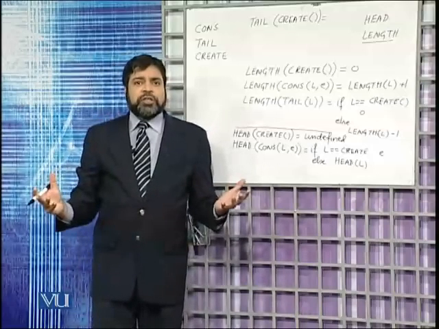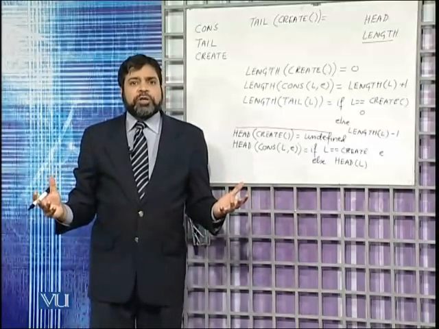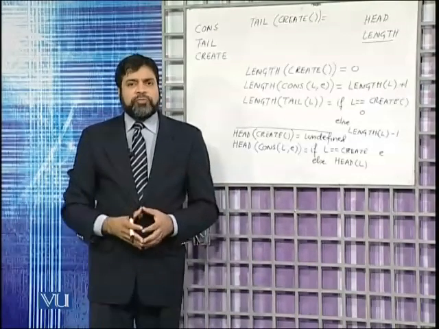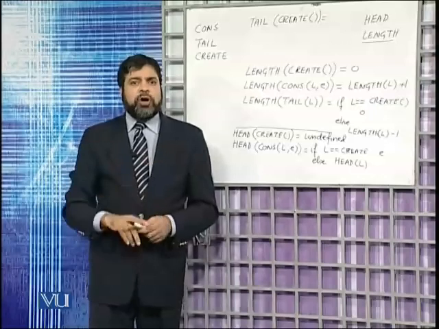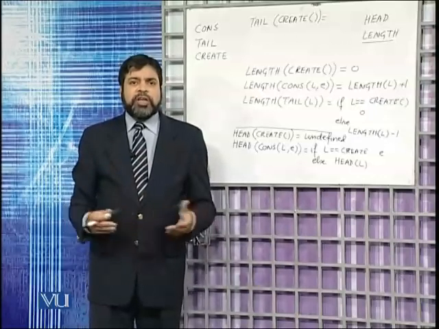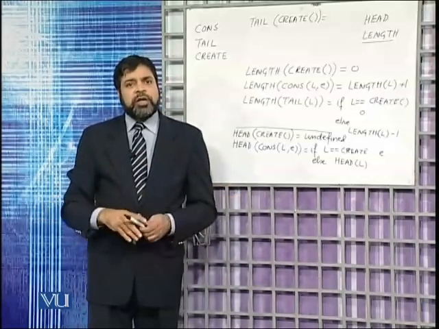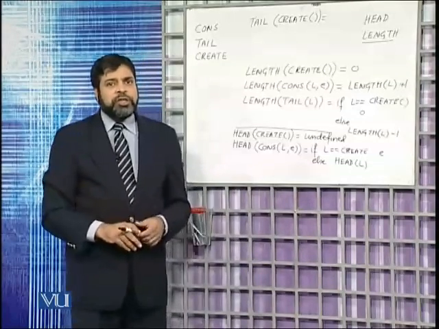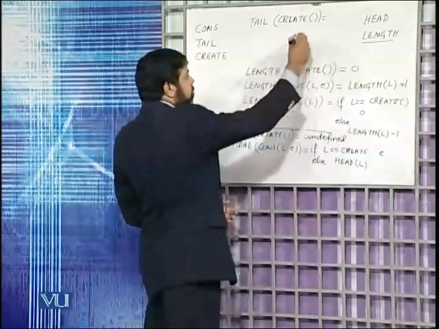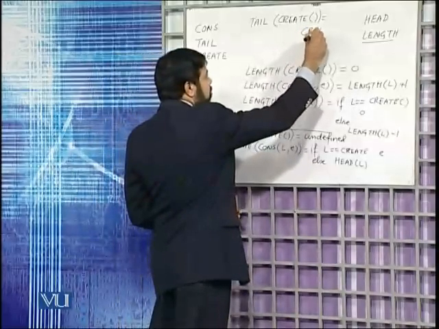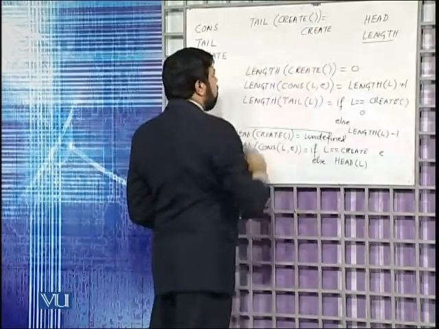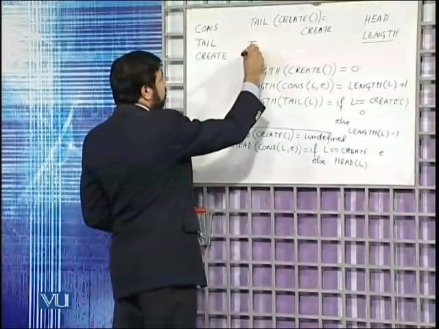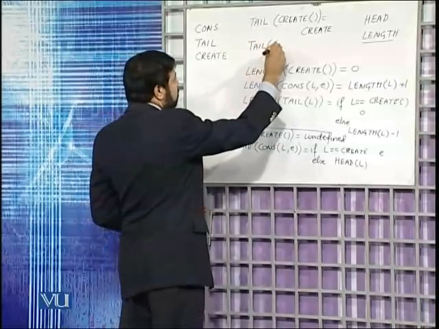So what is the tail of a new list? An empty list. What do we have? When we chop the head off, what do we get? The answer is, like I said earlier, in this particular case, you will get an empty list. So the answer is create itself. Now the second question is tail of cons.